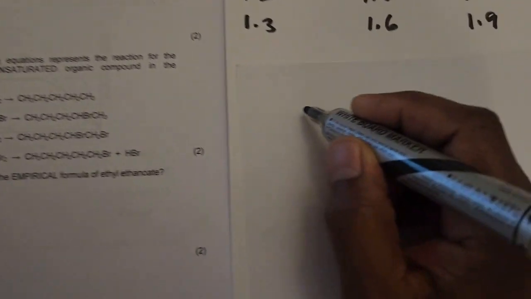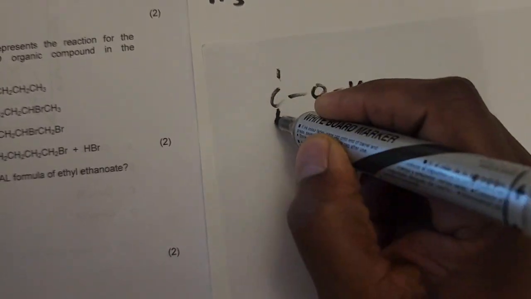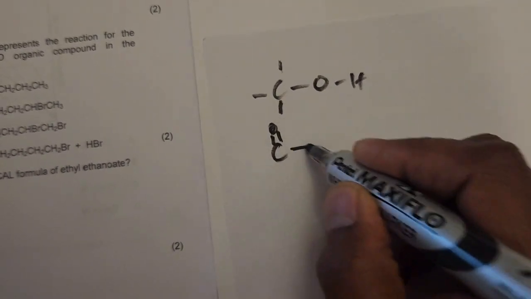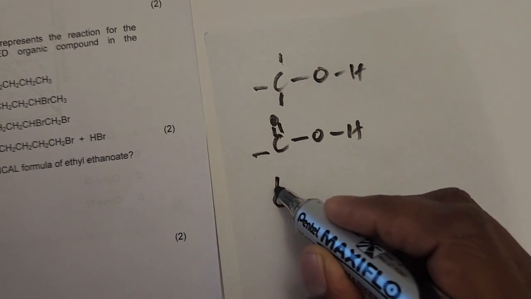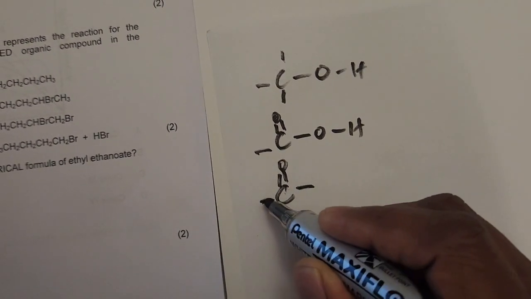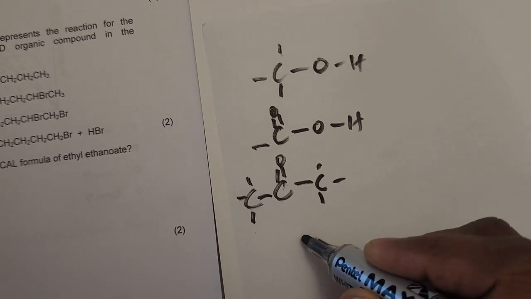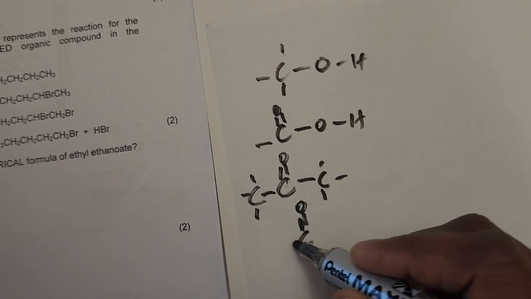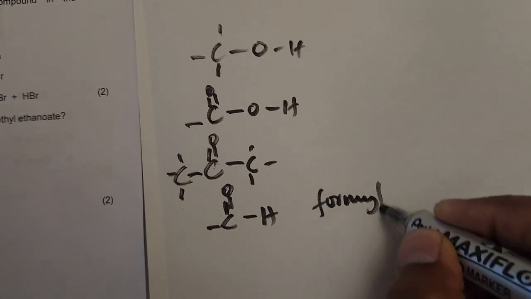One of them is your hydroxyl from alcohols, then another one is your carboxyl from carboxylic acid, the other one is your carbonyl from ketones, and then the last one is your formyl in aldehyde.